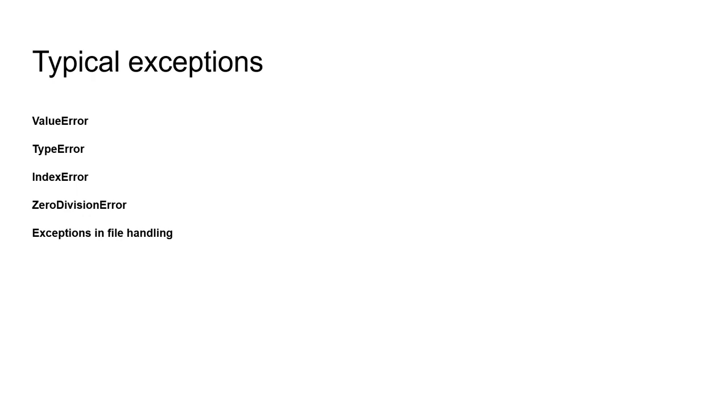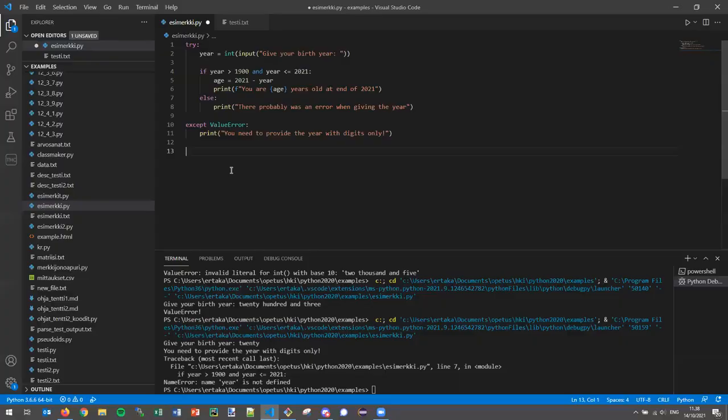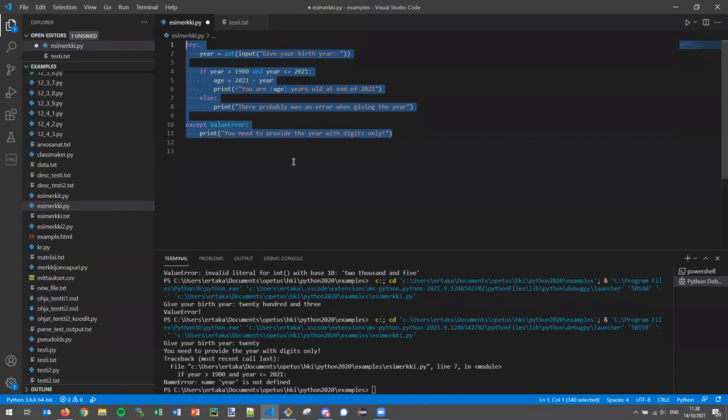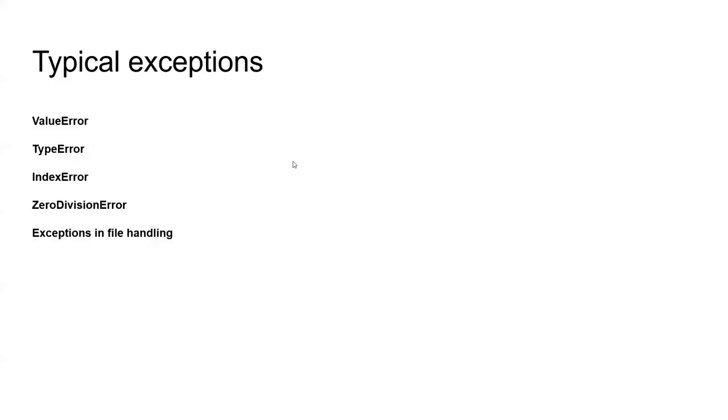And the type error is what happens when you have the incorrect type, for example you try to take a substring out of an integer or something like that. And the index error or key error is something you have definitely encountered, when you're trying to use an incorrect index with a list or a key that's not present in a dictionary.